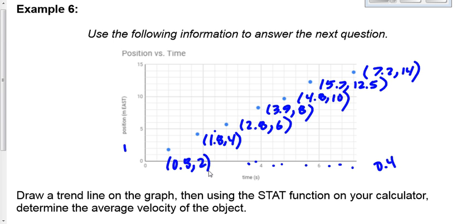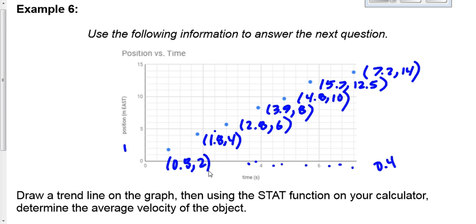You think, well, man, I might as well have just found the slope of this graph the old-fashioned way, right? Once you've identified these ordered pairs, which don't involve a calculation, then we've got a neat little trick on our calculator that we can use to have your calculator do the rest of the work for you.